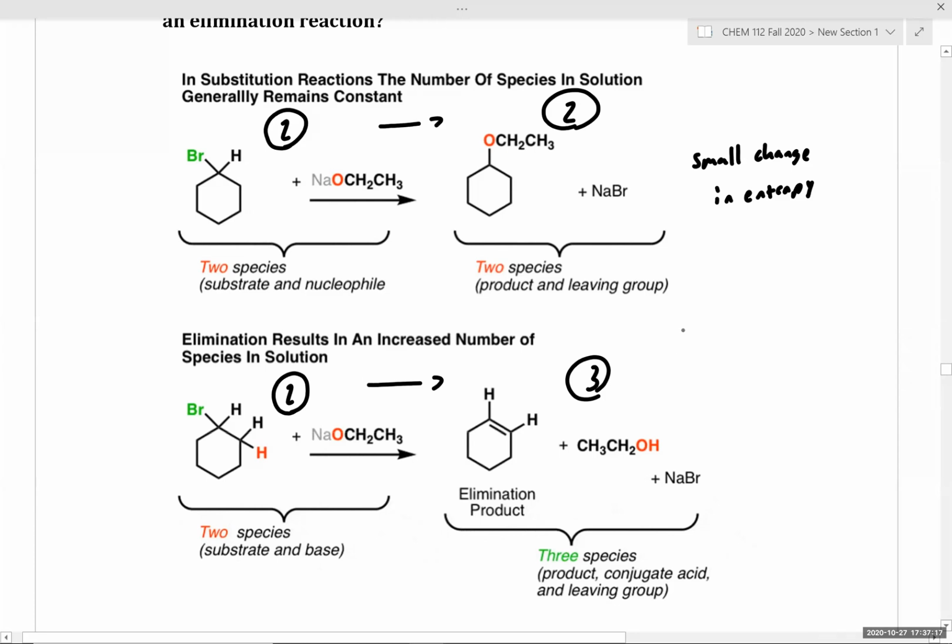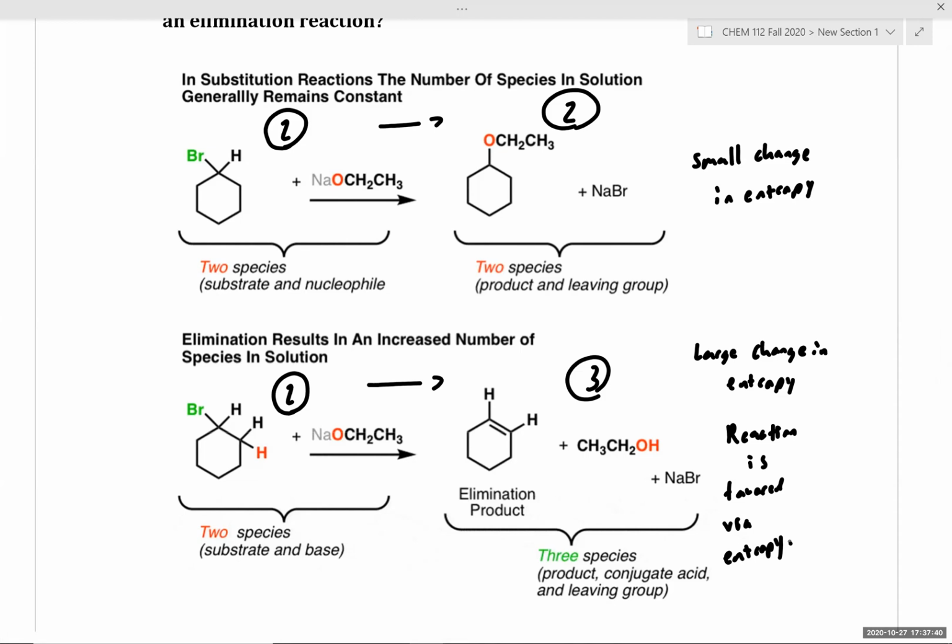So we have a large change in entropy, and this reaction, in turn, is favored via entropy. Does that idea make sense? Does this process of analysis make sense to everyone?